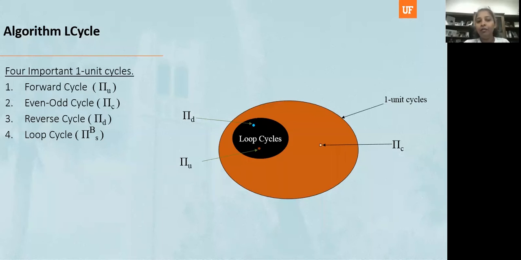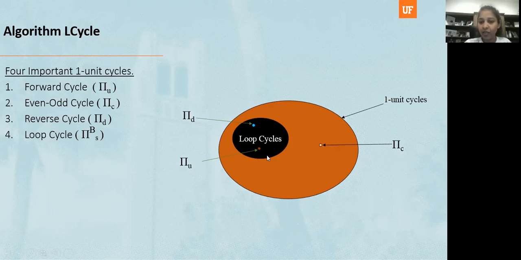So to do that, we actually came up with 4 different cycles. Some cycles were similar to what people used for the linear layout, so we modified them. So it's only 4 cycles and they are pretty simple cycles. To give you an idea about this entire robotic cell scheduling, if you look at 1 unit cycles, you can think of it as this one big circle. And our 4 cycles lie here.